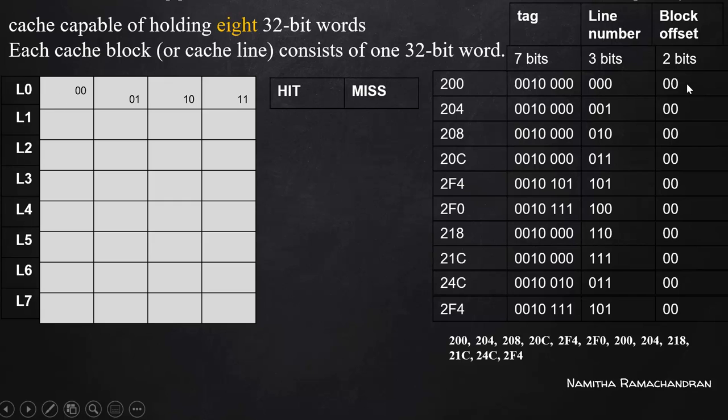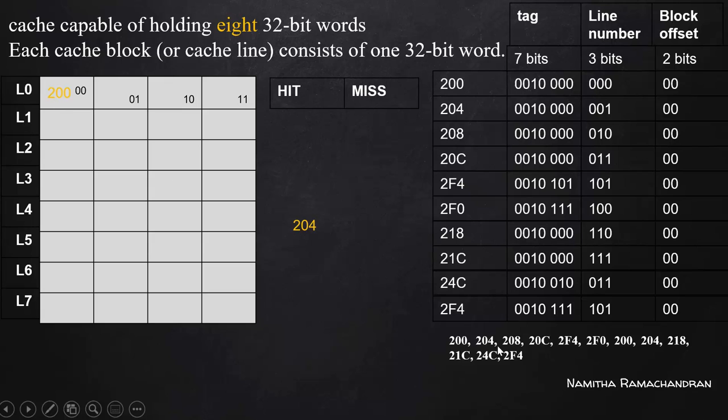At the 00th byte position, we should have this byte 200 because the block offset value here is 00. That means the 0th byte of that particular 32-bit word must be the byte having address 200. So we transfer that 32-bit word into line number 0. This is a case of cache miss.